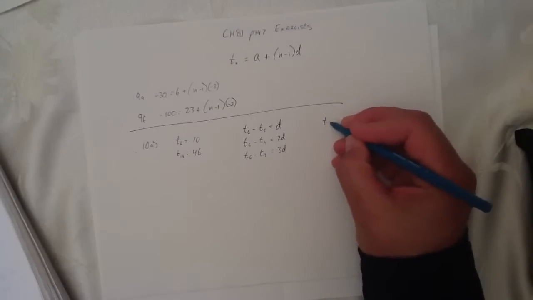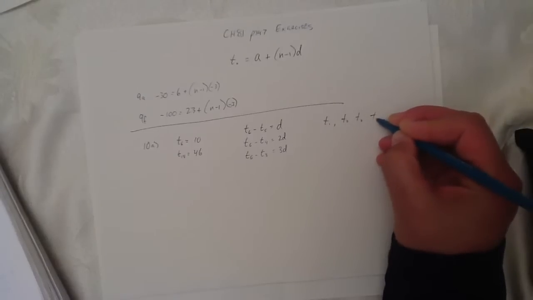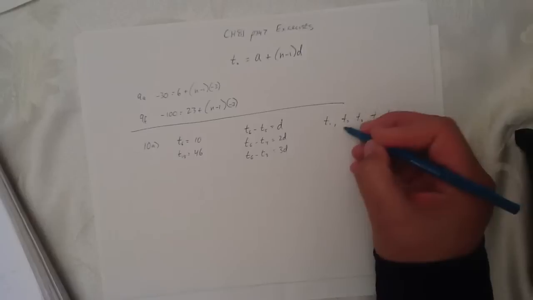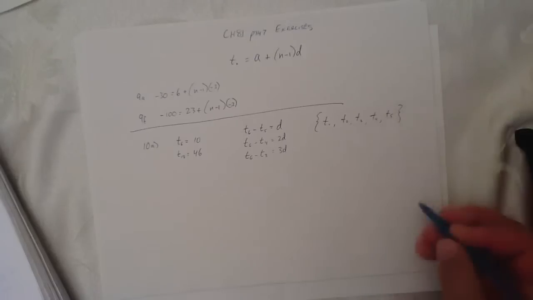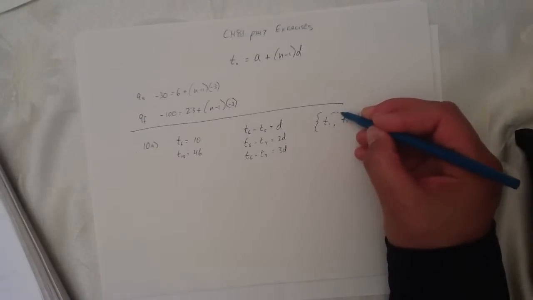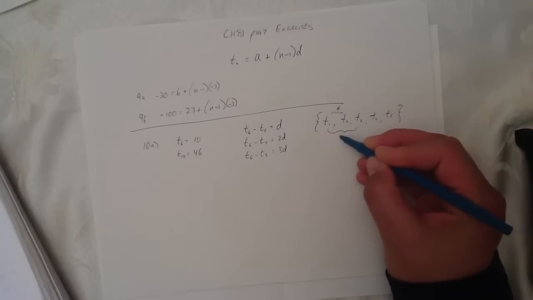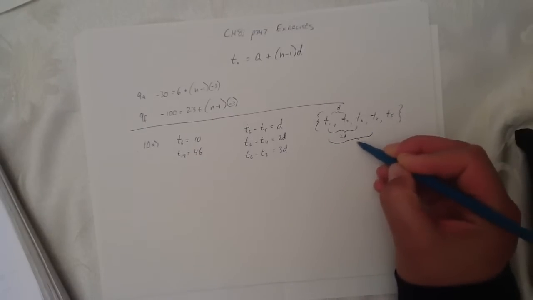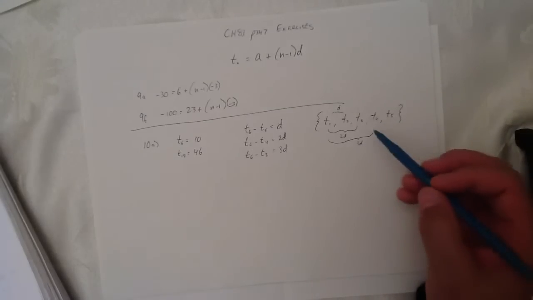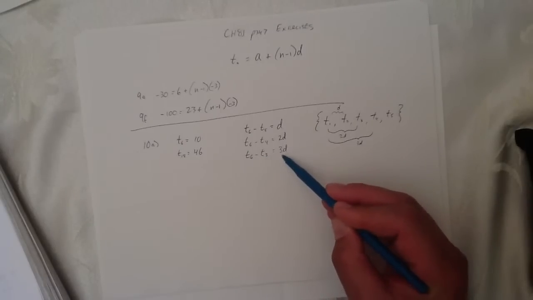We know this because T1, T2, T3, T4, T5, when we put them in our sequence like this, the difference between each one of them is d. The distance between 2 of them is going to be 2d, and the distance between 3 of them is going to be 3d, because that's how it's all defined. So T6 minus T3 is 3d, so we could just take these values and subtract one from the next, and it'll tell us the distance.